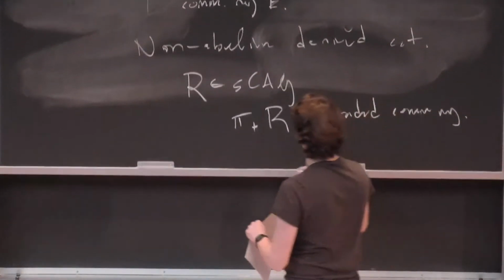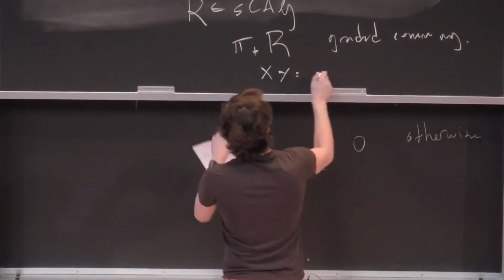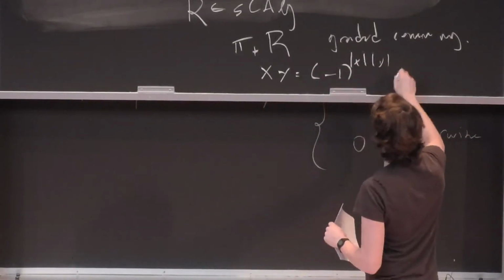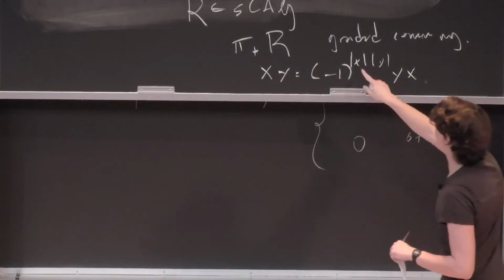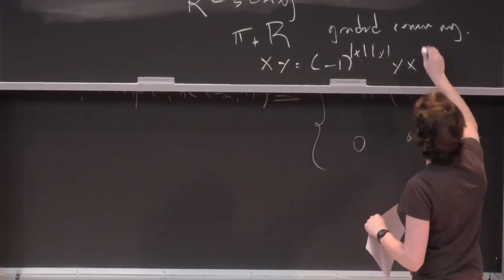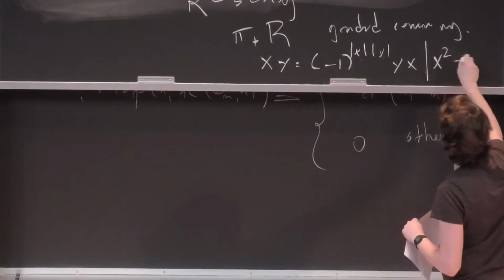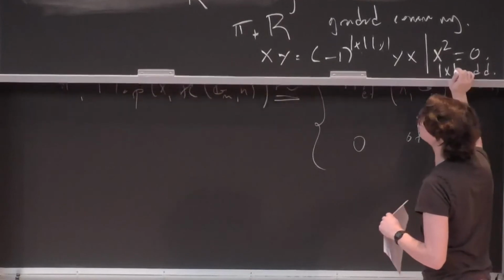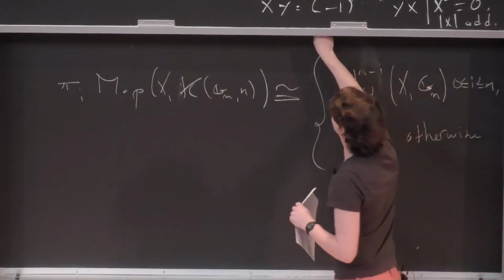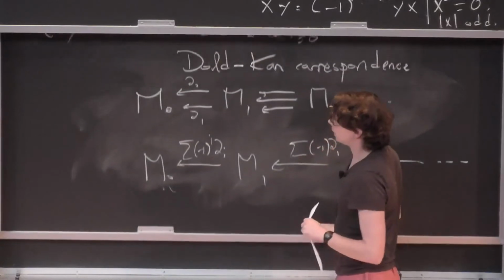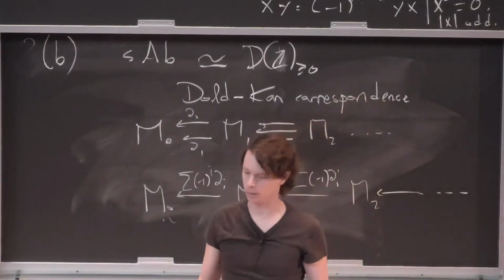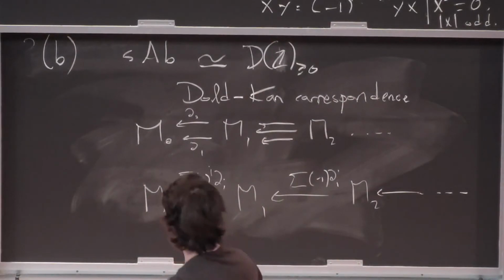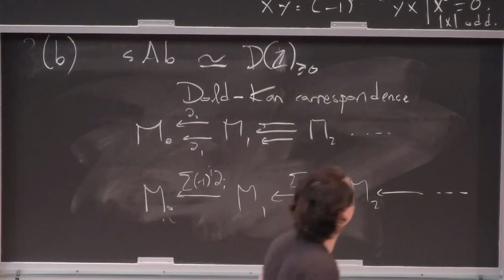Which means that if I have two elements, then they commute up to this sign rule, given by the degrees x and y in the homotopy. It's even a little bit better: odd degree classes square to 0. Okay, so that's the kind of thing that's underlying. We get this associated graded ring, which is kind of helpful.